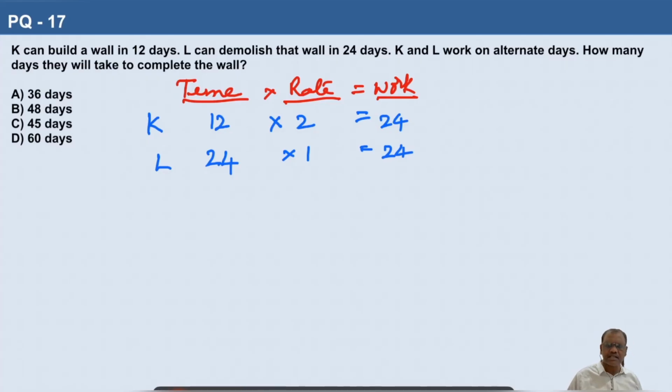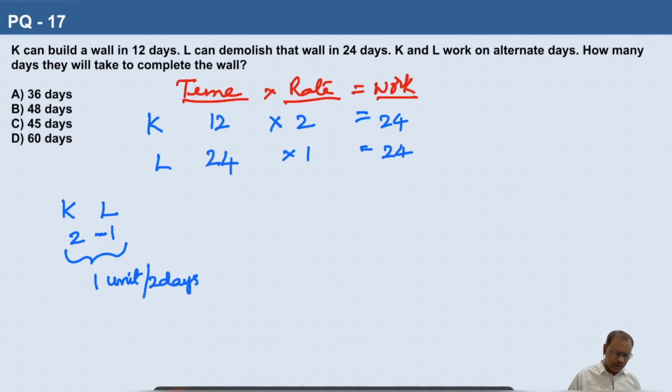Building is construed as positive and demolishing is construed as negative. So on the first day, K builds 2 units of work and on the second day, L demolishes 1 unit of work. So that is 2 minus 1. So in 2 days, 1 unit of work is done.